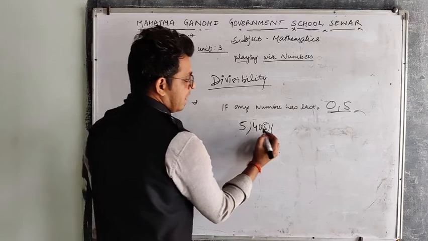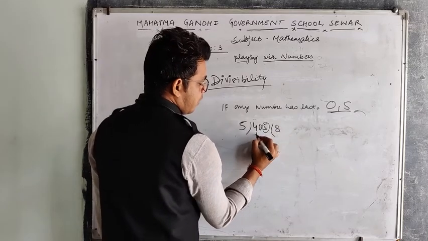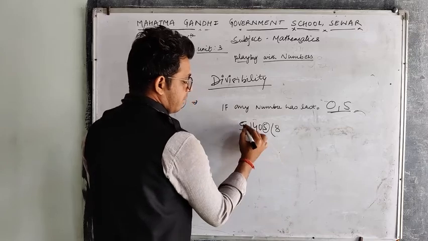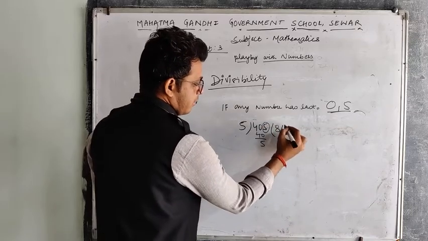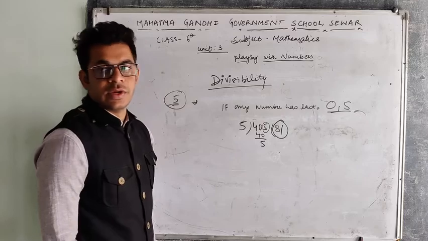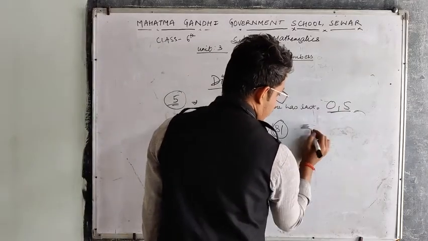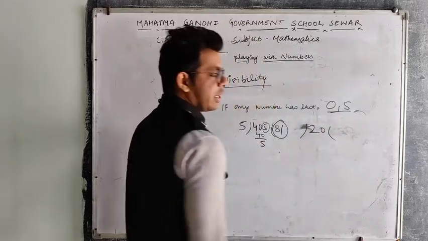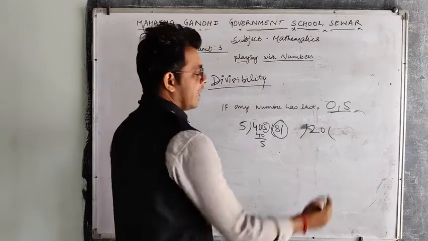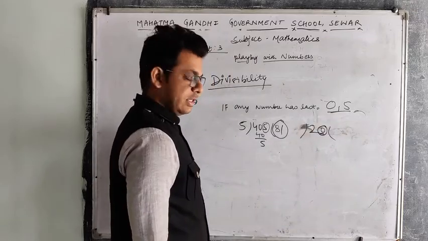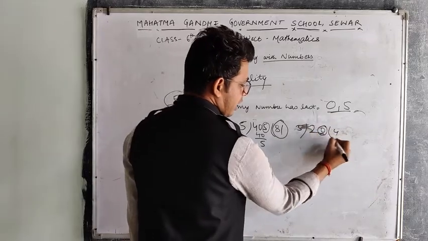If I divide, 5 8s are 40, we will place 5, 5 1s are 5. So it is completely divisible. If I write 20, it will be completely divisible by 5 because its last digit is 0. 5 4s are 20.